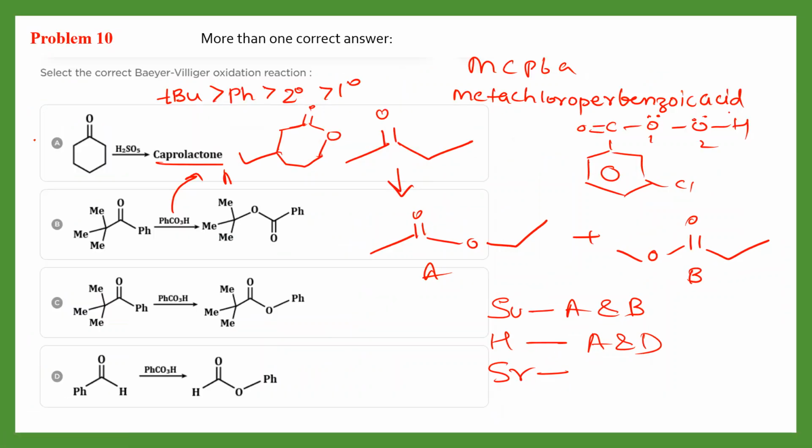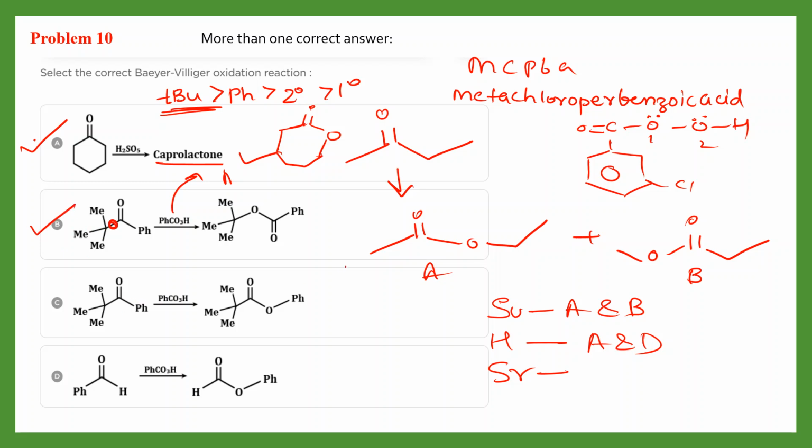Okay. So Suman is saying option A and B. Obviously, A is right as you have discussed. In B, correct Baeyer-Villiger oxidation. Among these two groups, where will the oxygen come? Since I have told you the t-butyl group has better migratory aptitude, the oxygen will insert here, Harshita. So option B is correct.